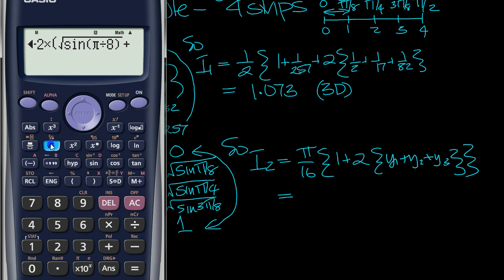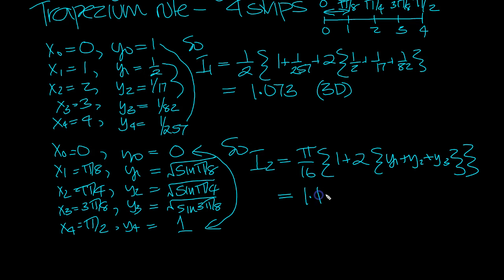Plus square root of sine pi over 4, pi divided by 4 outside the square root, plus square root of sine 3 pi over 8, sine 3 times pi divided by 8, close that bracket outside, and then close the bracket for the 2 times and close the bracket. 1.1469, so it's 1.147. That's the 3 decimal places.